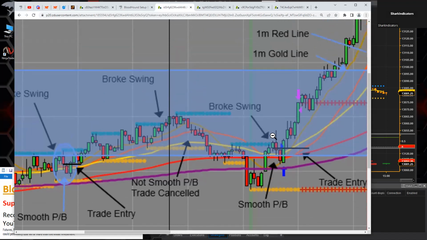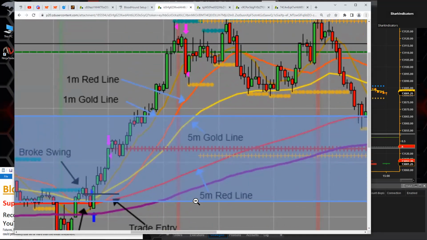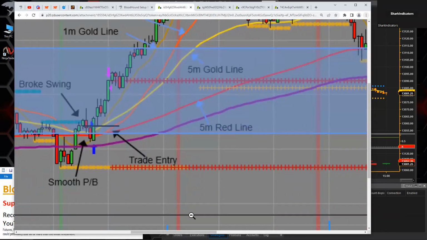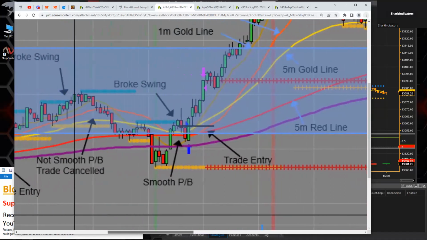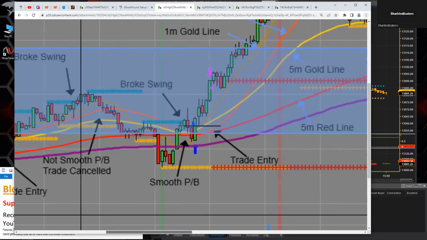And this still really isn't a great example to explain a smooth pullback. Let's see here. Yeah, one of these other images has a good example of what a smooth pullback is. So we'll get to that point here.